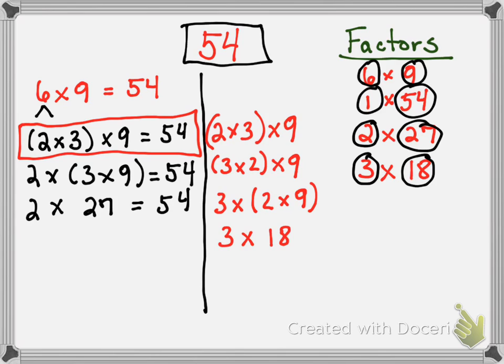So we have 6, 9, 1, 54, 2, 27, and 3 and 18 are all factors of 54. And what helped us is using the associative property and the cumulative property. Right here is the associative property, and then over here we use the cumulative property, and then back to the associative property.